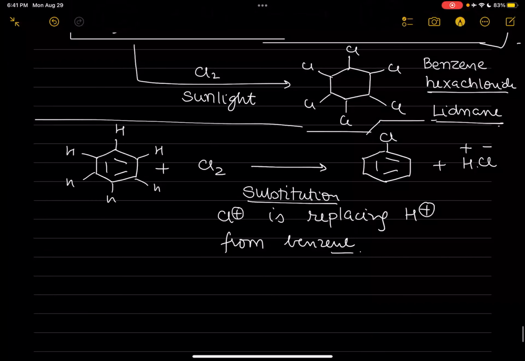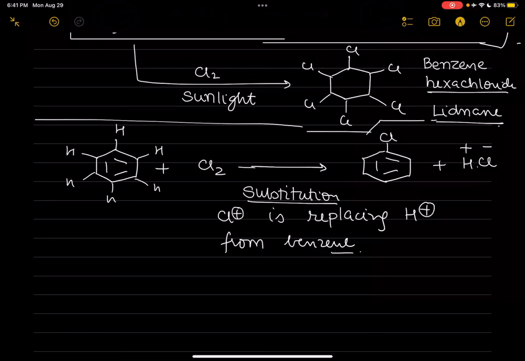Yes, Cl plus is replacing H plus. But how do we need to create this Cl plus? Sunlight is for alkanes, remember, not for benzene. You need to generate Cl plus so that it can come and join to the benzene ring and H plus will get removed.